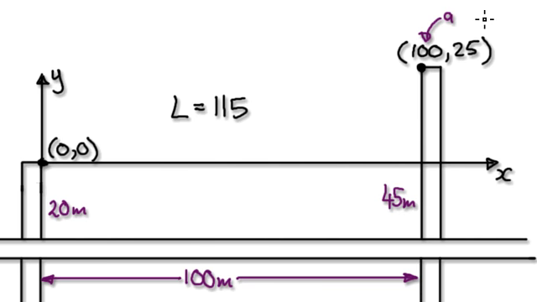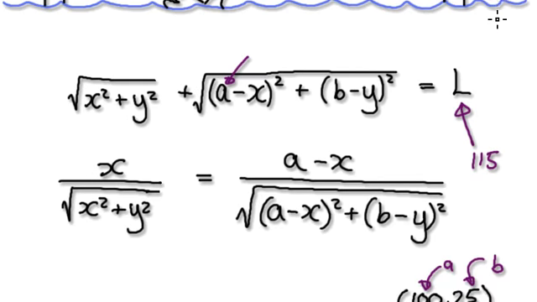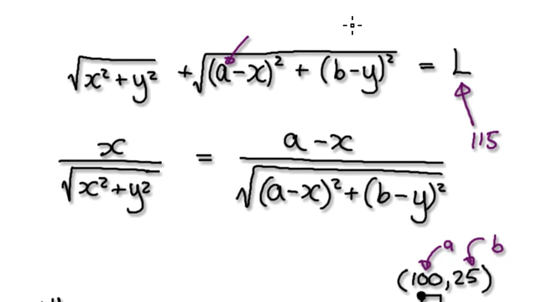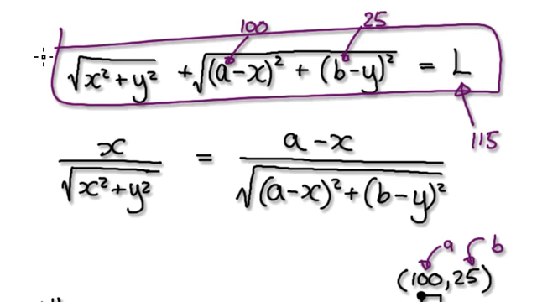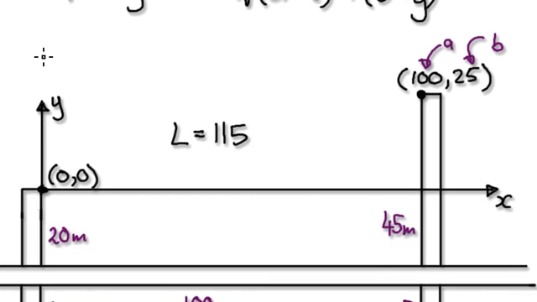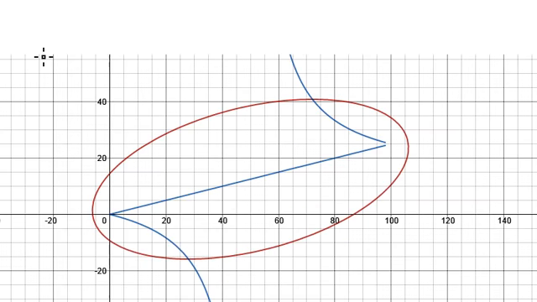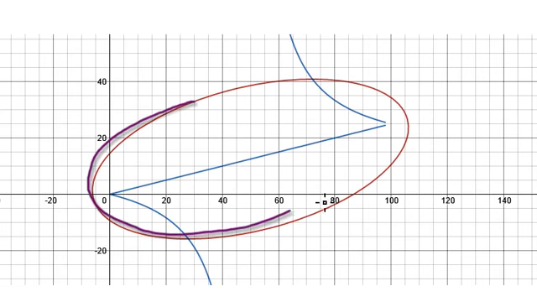This is our A here, this here is our B. So get yourself a graph plotter, plot this 100 into the A, and B here, put 25 into here. Plot this line, and it will give you this red line here.